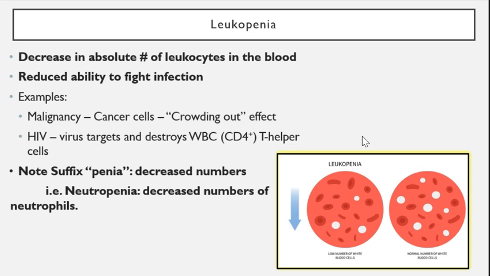Now, this contrasts, so leukocytosis contrasts to leukopenia, where you have a decrease in the absolute number of cells, specifically leukocytes. And so, obviously, if you have less white blood cells in your bloodstream, you have a decreased ability to respond to infection. This happens particularly with things like cancer cells.